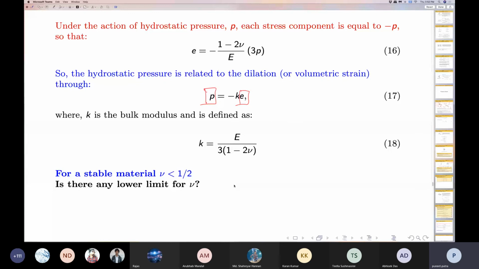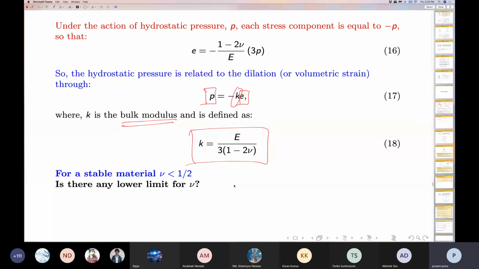So you can just imagine the more amount of pressure I am applying, the more change in volume I will obtain. And that constant of proportionality is K, and it is known as the bulk modulus. The definition of bulk modulus is given over here, and it is equal to E by 3 into 1 minus 2 nu. And this defines the upper limit of Poisson's ratio.